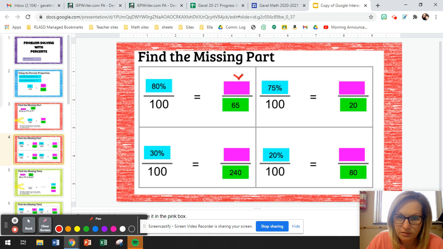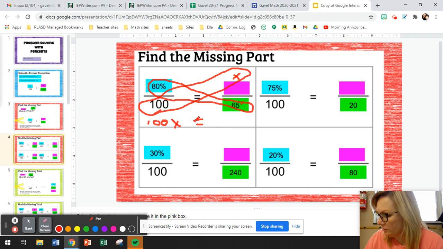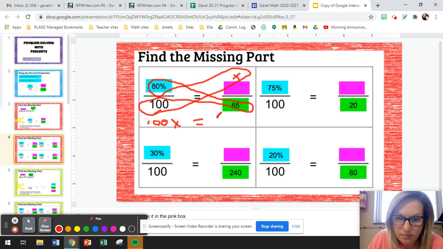So to do these, you're going to cross multiply. Here's our x, right? So 100 times x equals 100x. And then 80 times 65 equals 5,200. It's hard to write on here, sorry. So 5,200.